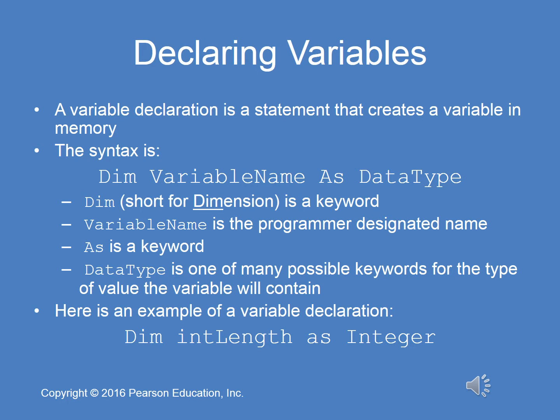As is a keyword, integer is a keyword. This variable will hold integers. Integers are whole numbers, 1, 27, 365. It will set aside some amount of memory for this particular variable. And from this point on, we can refer to that memory location using the name we gave it. And in this case, it's intLength.